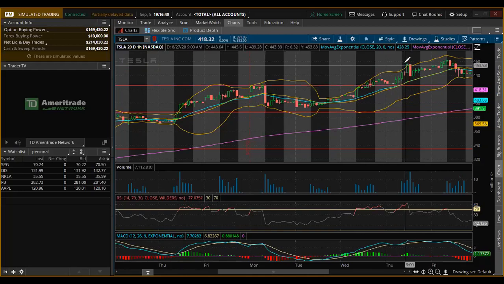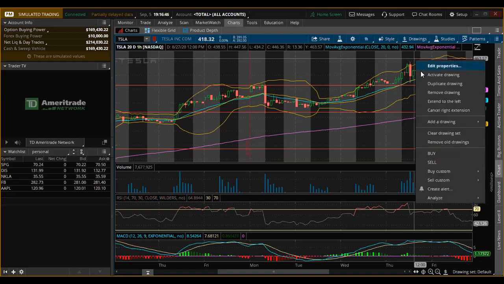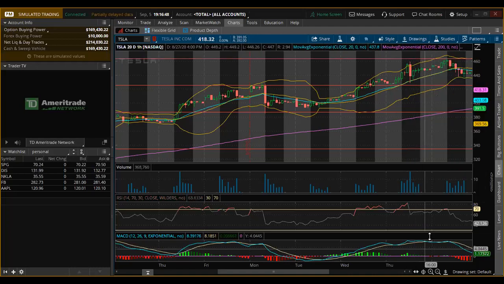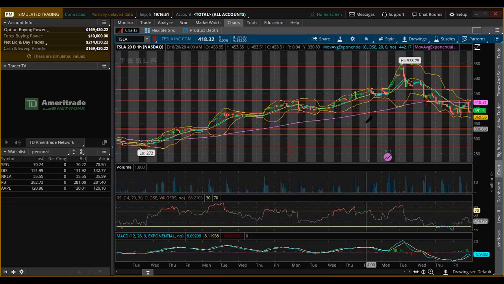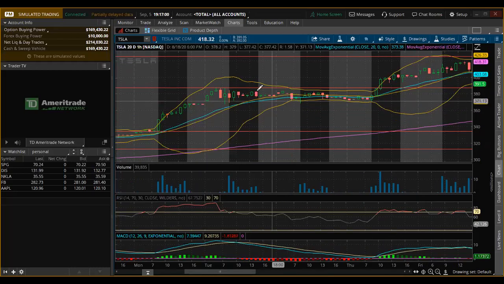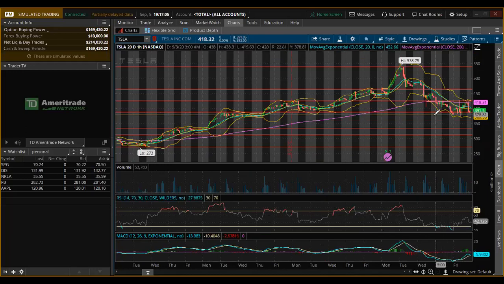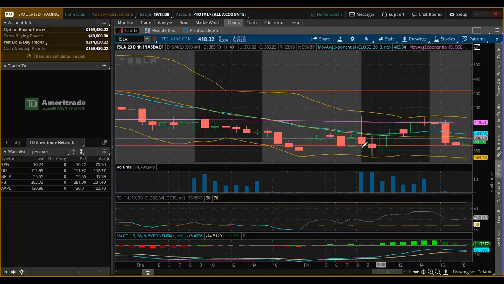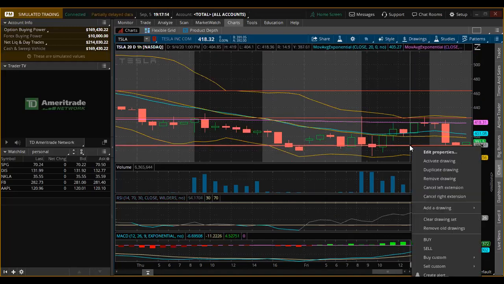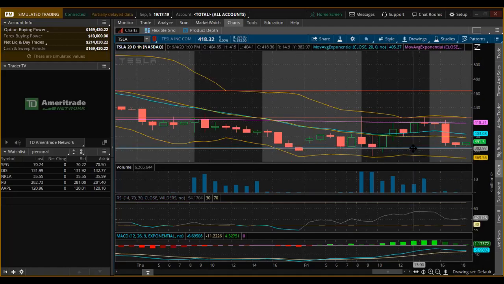Extend. Extend. So if you look right here, I put this line right here. And then if you look over here, how it played around going a little bit through, you can move this down a little bit, activate it, and put it right there.